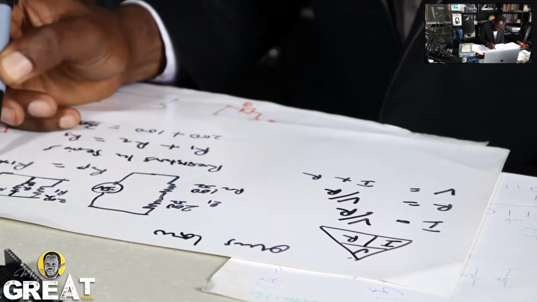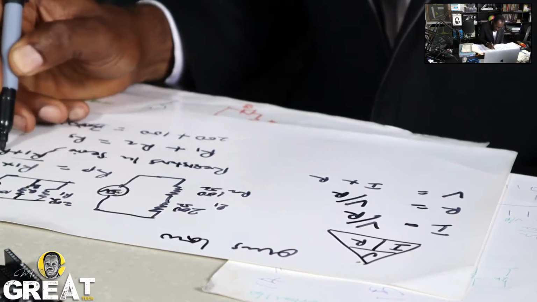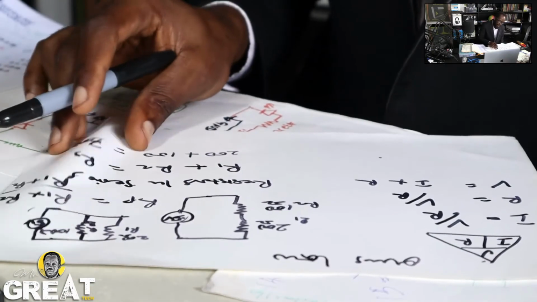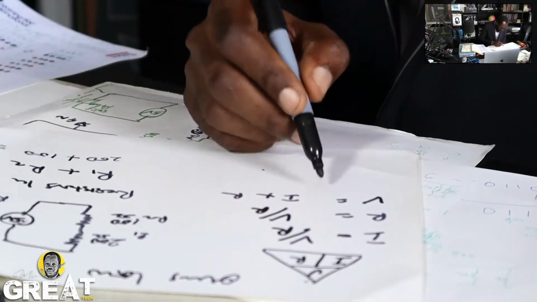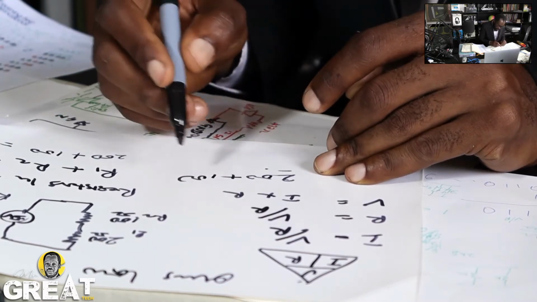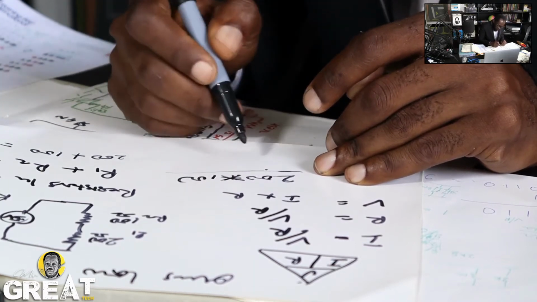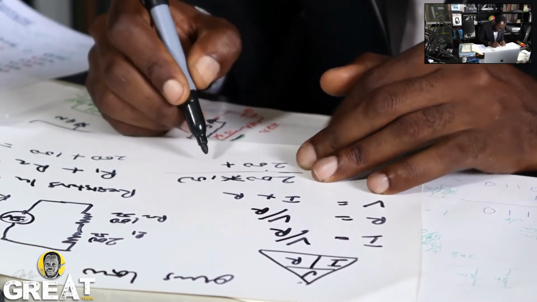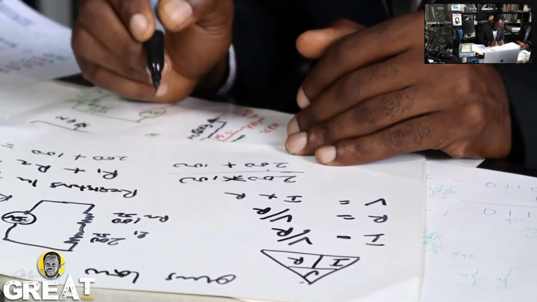So in this place, we have R1, which is 200, multiplied by 100, over 200 plus 100.